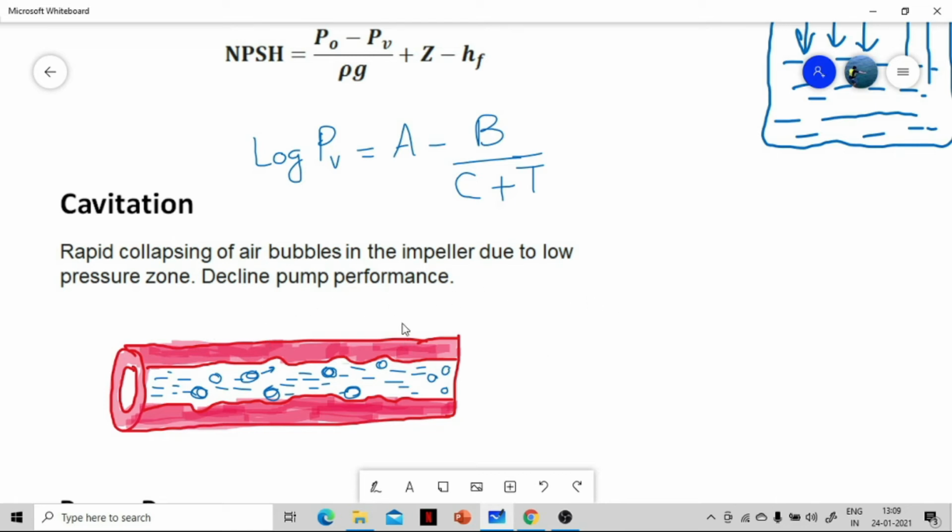So we have to be sure that our system is not going to face cavitation.